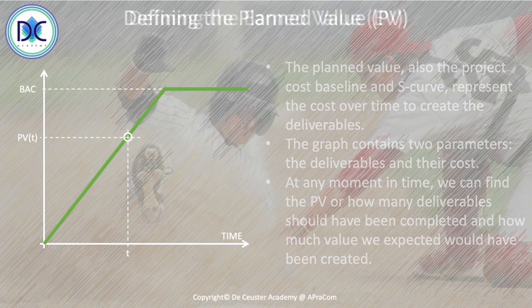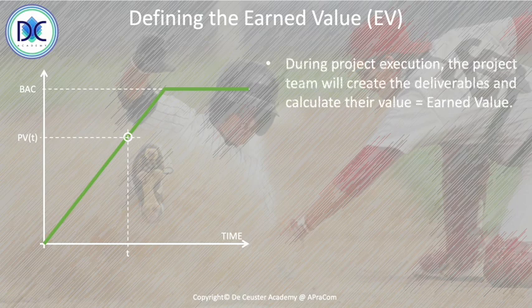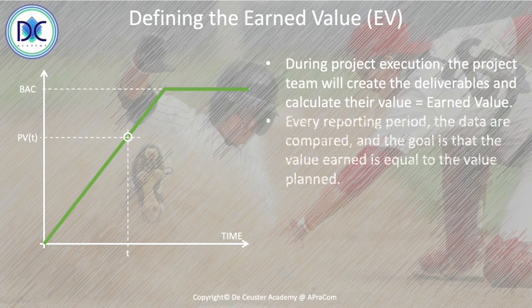The next thing, we're going to define the earned value. Earned value means that during the execution, the team creates the deliverables. And for each deliverable, we know the value. So we calculate the earned value of the deliverables that have been created. Every reporting period, we compare all the data, and the goal is that the value earned is equal to the value planned.